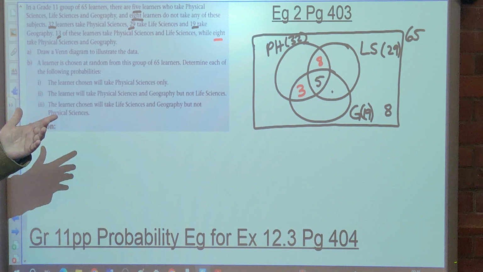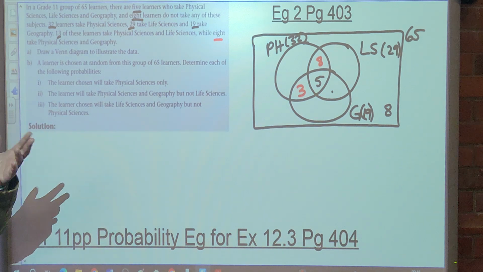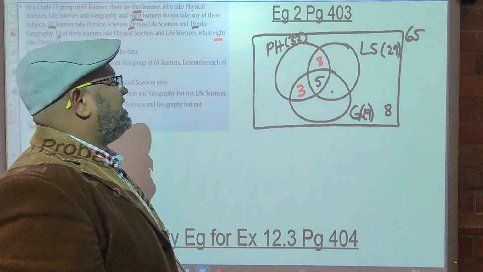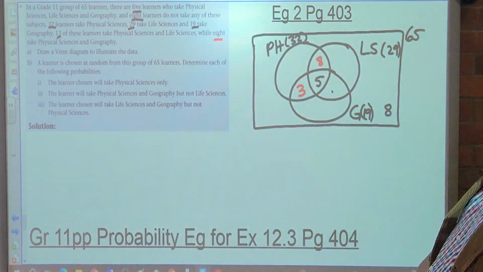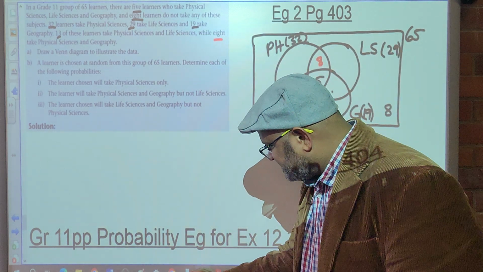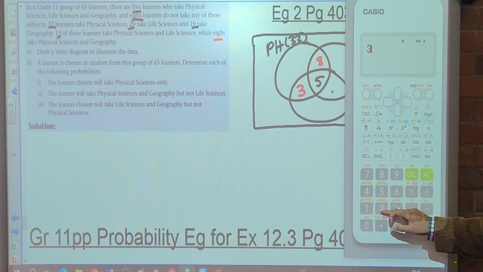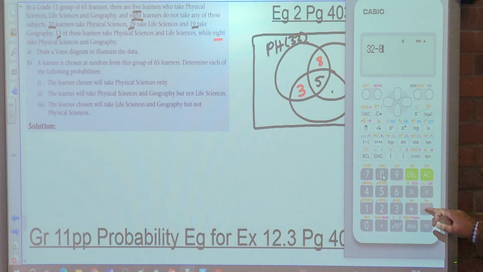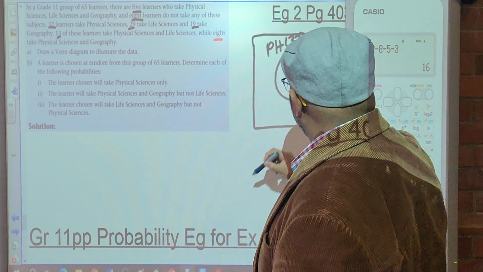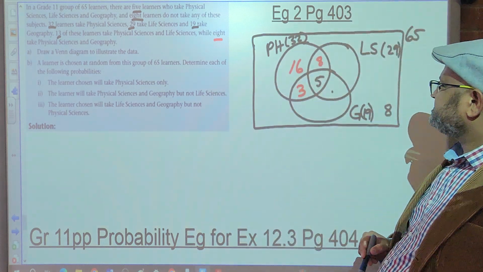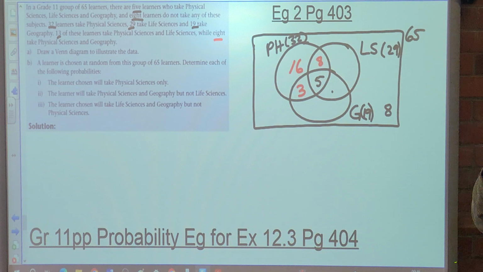Then it says, draw a Venn diagram to illustrate the data. Right, we got so far. So what can be calculated first? Physical science. So it will be 32 minus 8 minus 5 minus 3, which gives us 16. Alright. Now what can be calculated?